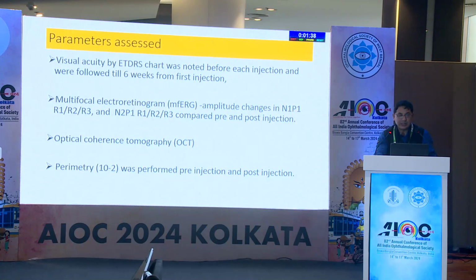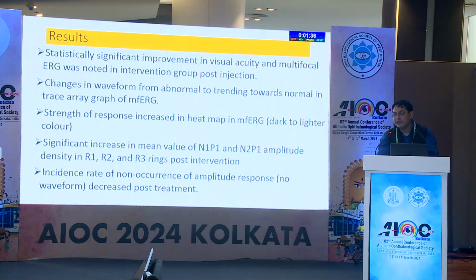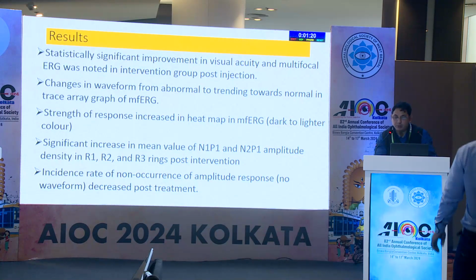Though no significant changes were seen in OCT and perimetry, for the first time in this particular disease, RP, improvement in the visual acuity was noted, which was corroborated by the multifocal ERG response. Namely, there was change in waveform from abnormal to trending towards normal in the trace array graph of multifocal ERG. Strength of response increased in the heat map.